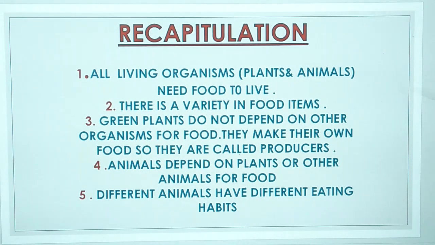They make their own food by the process of photosynthesis, so they are called producers. Number 4, animals cannot make their own food, so either they depend on plants directly or indirectly by eating other animals. And number 5, different animals have different eating habits. I hope you have understood.